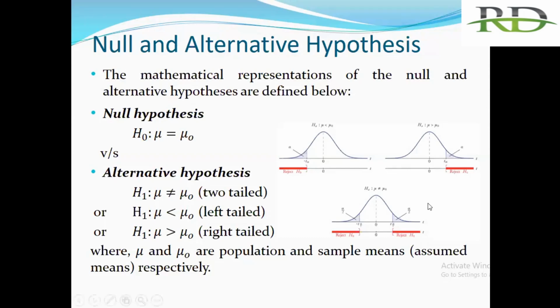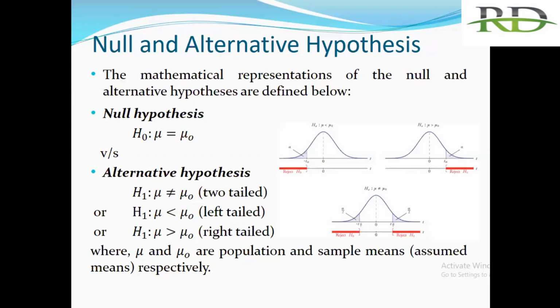If you see the figure on the right, please see the figure at the bottom. Two-tailed means that value could be on the left and value could also be on the right. That means the height could be less than 155 and could also be more than 155. This is two-tailed alternative. When do we take two-tailed?